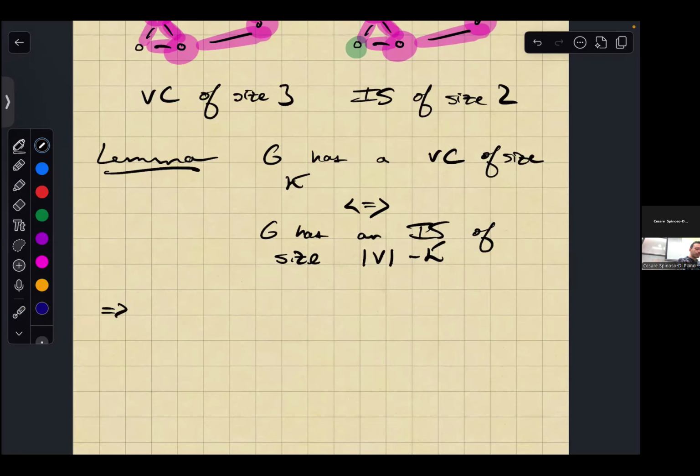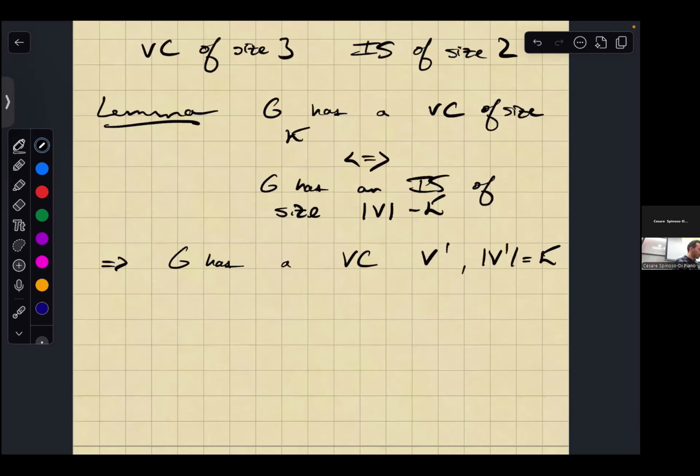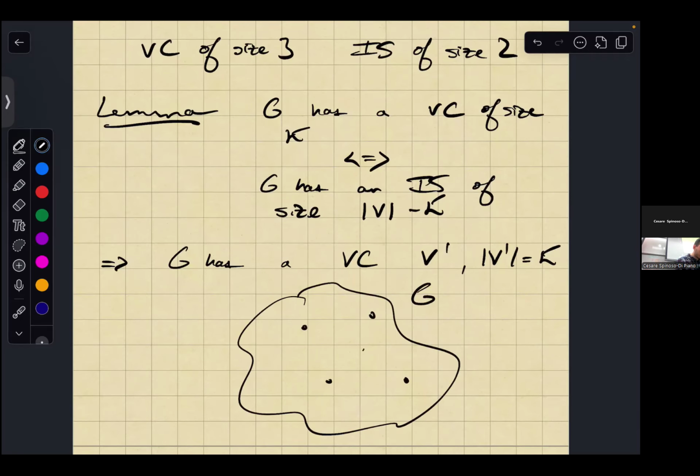Suppose G has a vertex cover of size k. So G has a vertex cover V prime, where the size of V prime is equal to k. So I take G, and I have my vertices in my vertex cover, so maybe this is V prime.